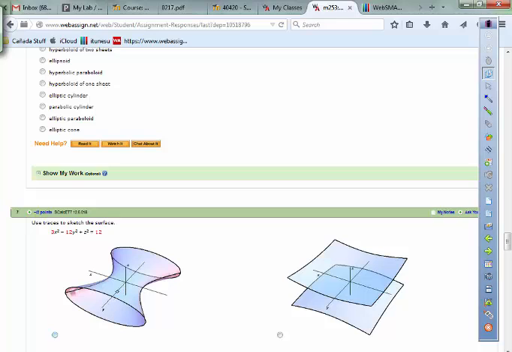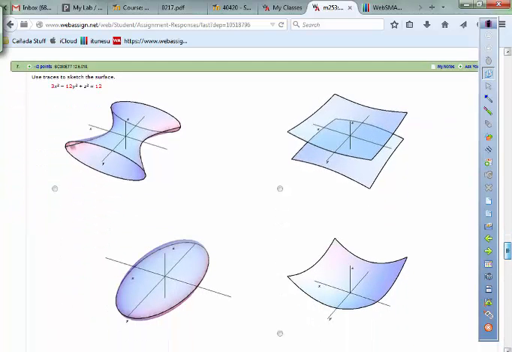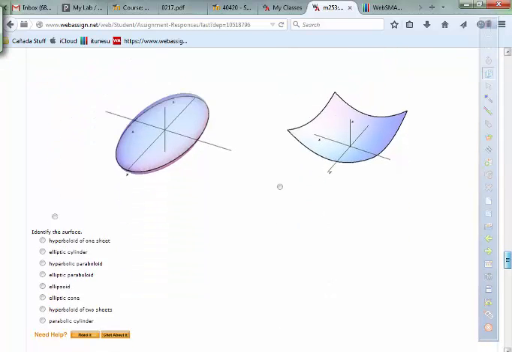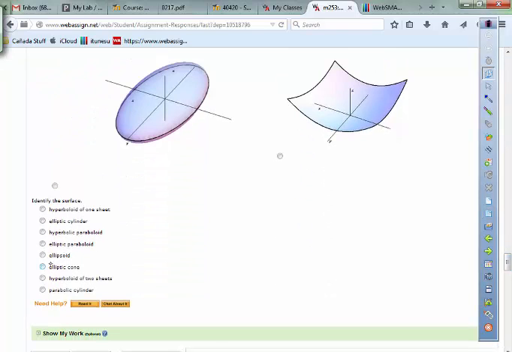Here it's the y that's opening up on this multiple choice, so I'll probably choose that first one. This is a hyperboloid of 2 sheets, it looks like. There's 2 pieces. This is just a paraboloid, and this is an ellipsoid. So we found out that this is, in fact, a hyperboloid of just 1 sheet. And then we can say hyperboloid of 1 sheet.